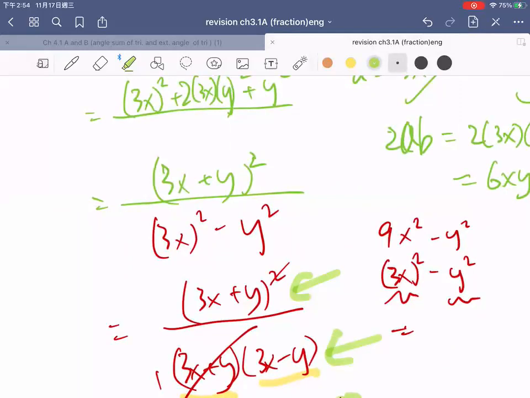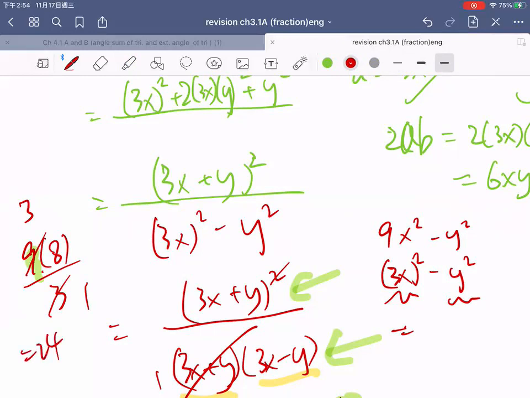Just like 9x. This is multiplication. Of course, we can do that. We cannot do it like this, right? This is 3 minus 8, and it is minus 5. No, we cannot do this.